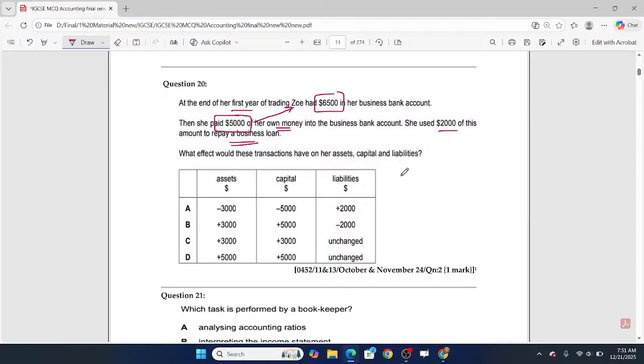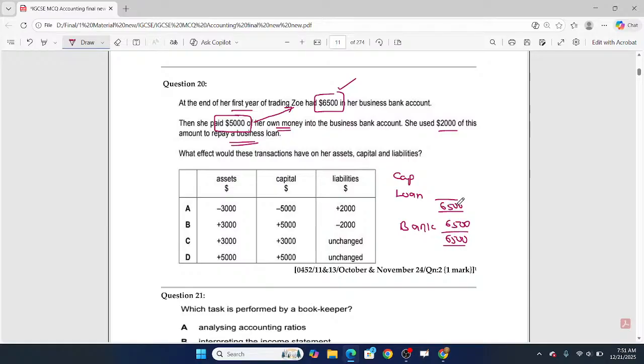See, capital and loan and asset, especially bank. Initially, $6,500 being in the bank account. We assume that we have only this much amount.